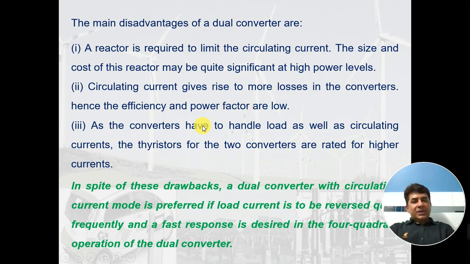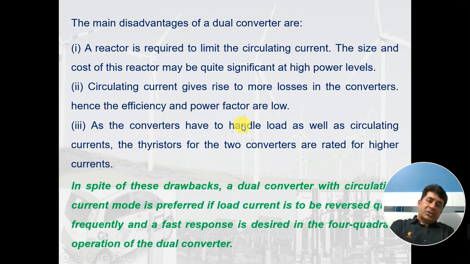Now again, since the current is flowing between the two converters, the current will be flowing through the power switches. So the power switches now have to handle two currents. One is the current which is available for the load, and another current which is the circulating current.